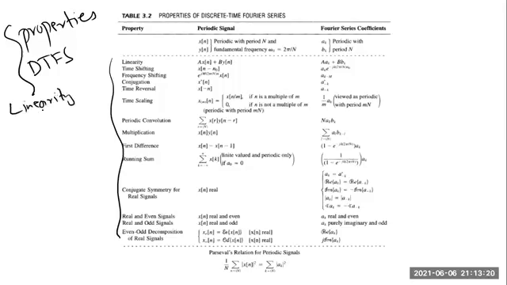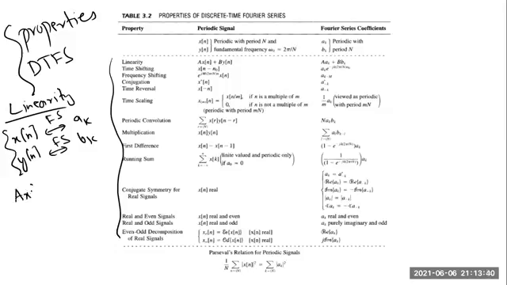As an example, if I talk about one property, linearity: what is the meaning of the linearity property? It means that if you have two signals, let's assume x of n, and its Fourier series pair is a_k, and another signal y of n, and its Fourier series pair is b_k. Now, if you take a linear combination of these two signals, a times x of n plus b times y of n, then according to the linearity property, what are the Fourier coefficients of this new signal?